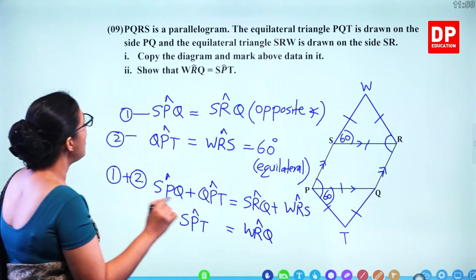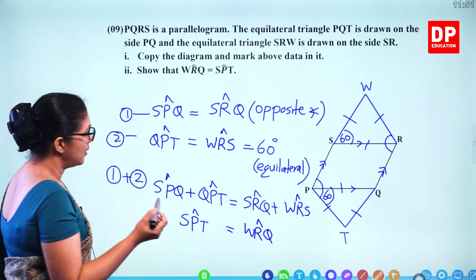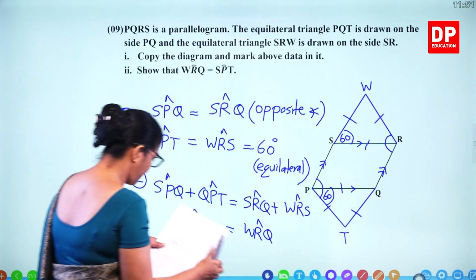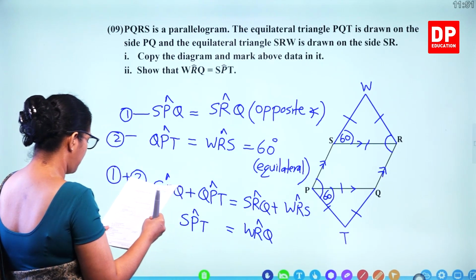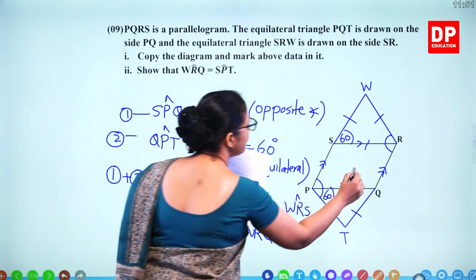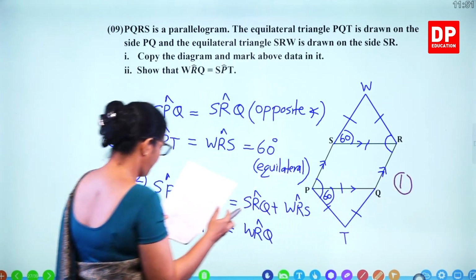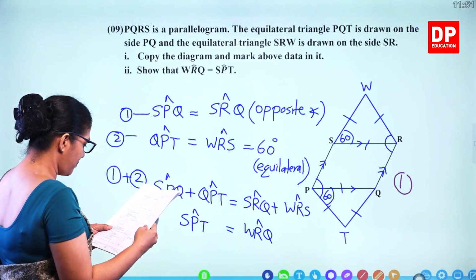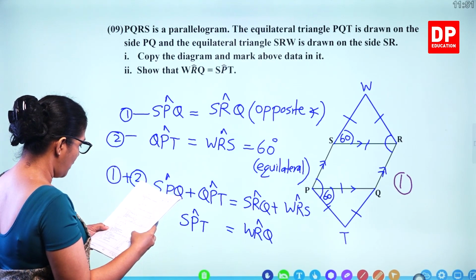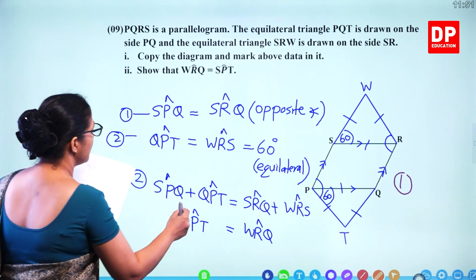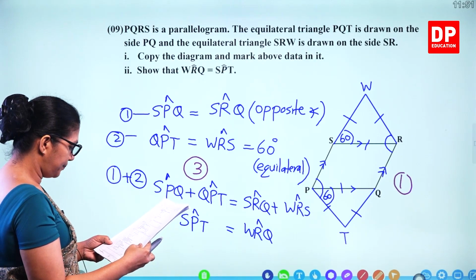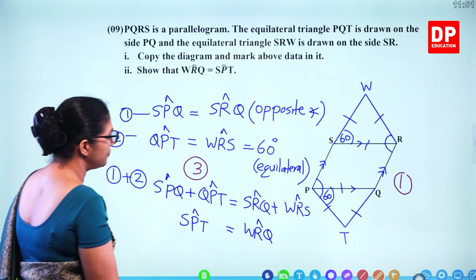So these two are equal. So how many marks? Marking data in the diagram, you just get 1 mark, and for this proof you get 3 marks. So 4 marks altogether.